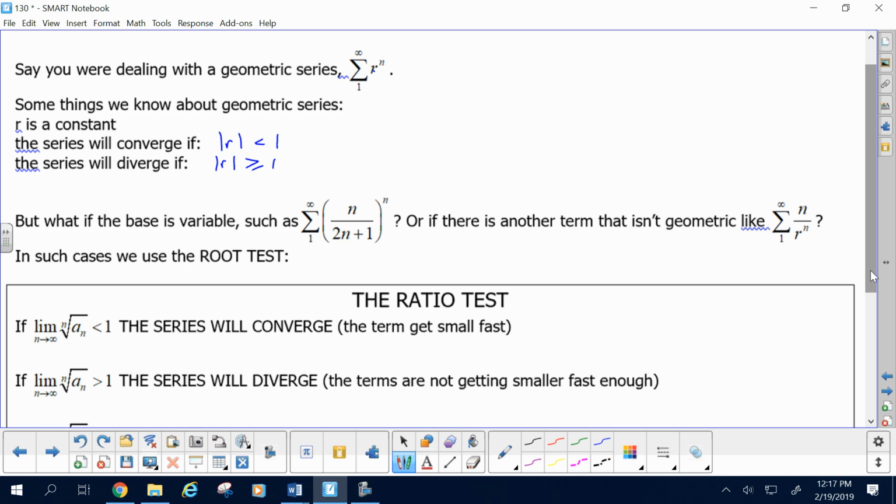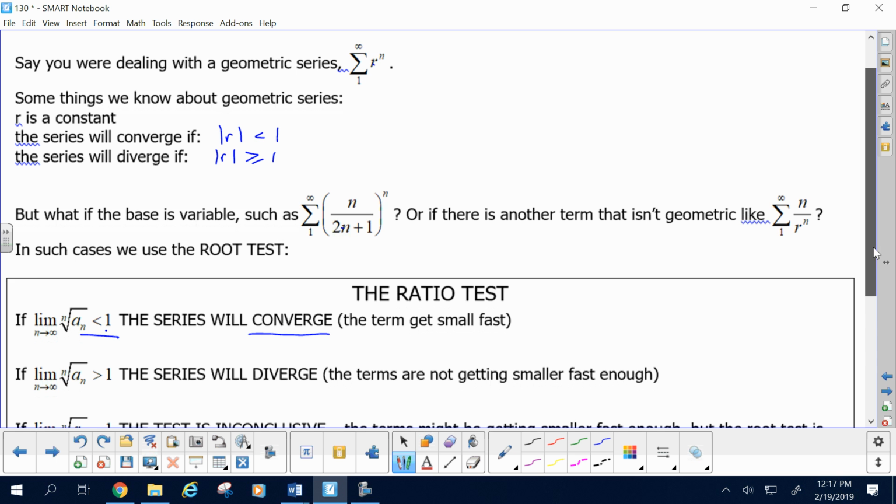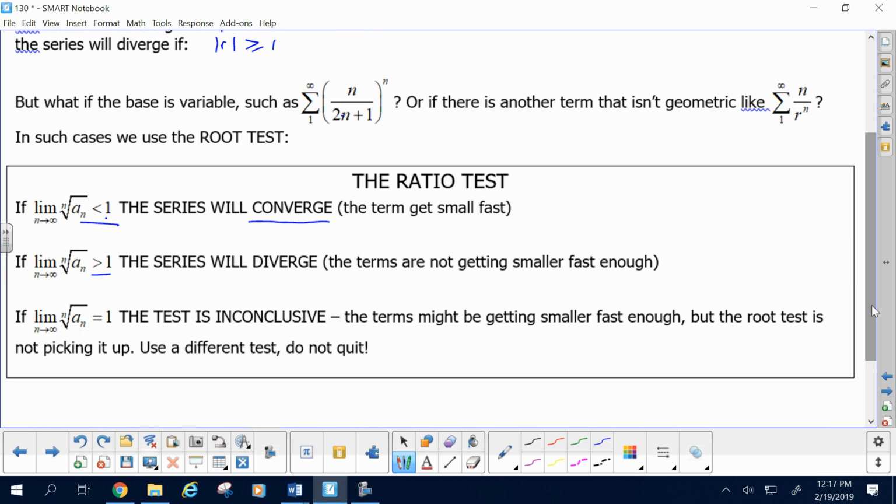If you take the nth root of that, so you're basically just looking at the interior, the base. If you take the nth root of that formula, and that is less than 1, then it's like the geometric case where the base is less than 1 and it converges. Okay, so if the nth root of the term is less than 1, converges. If the nth root is greater than 1, it diverges.